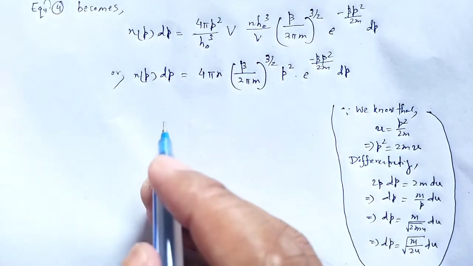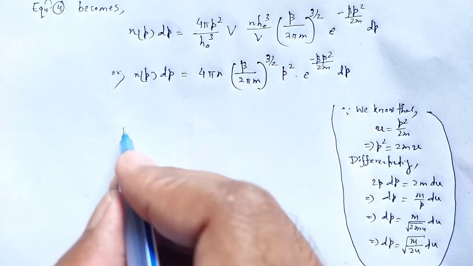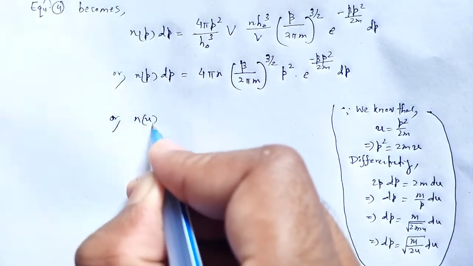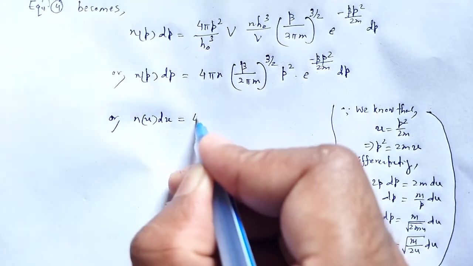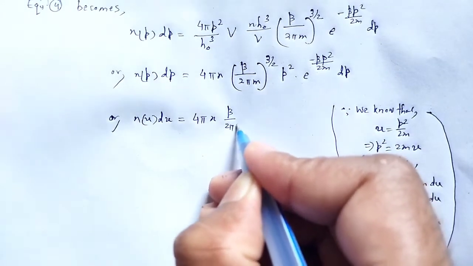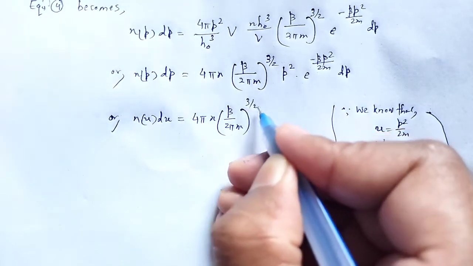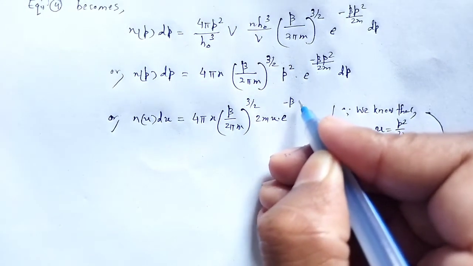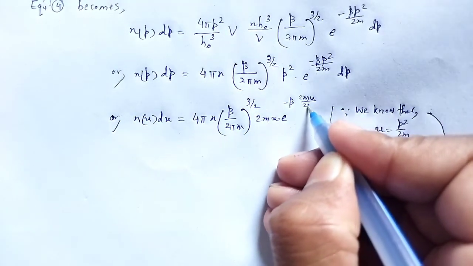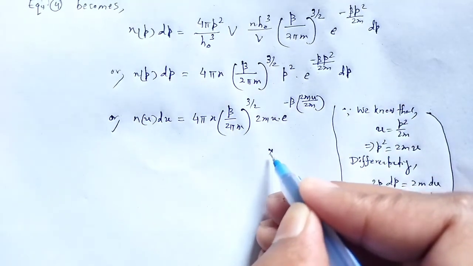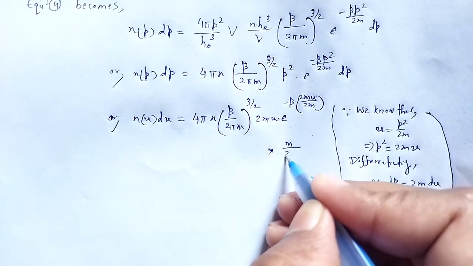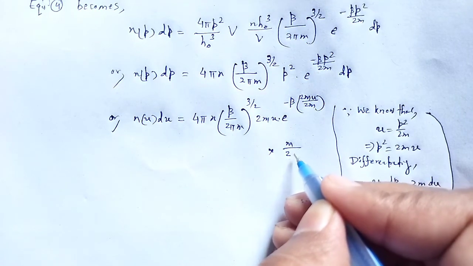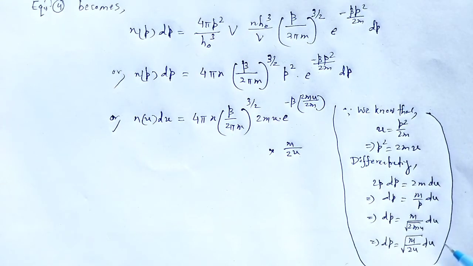So we have n(u)du is equal to 4 pi N beta by 2 pi m to the power 3 by 2, 2mu into e to the power minus beta 2mu by 2m into the value of dp, that is m by under root 2u, m du.